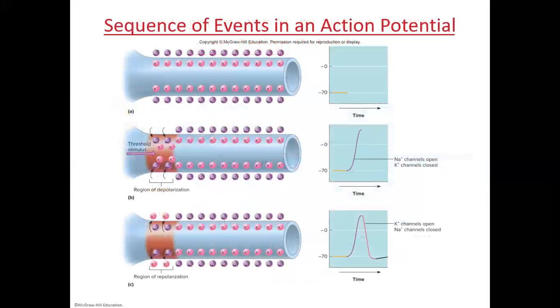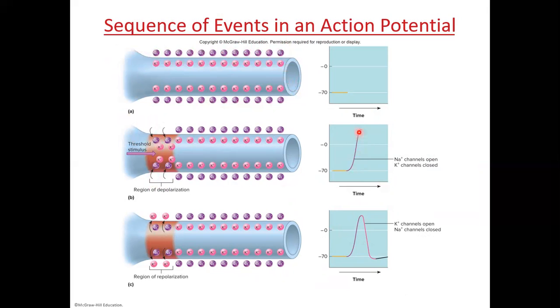And here's a graphic showing you how these events happen. So you can see there's potassium ions inside the cell. This is a close-up of an axon. That's why it looks like a tube. And then you have sodium ions outside the cell. And the ions switch places, okay?